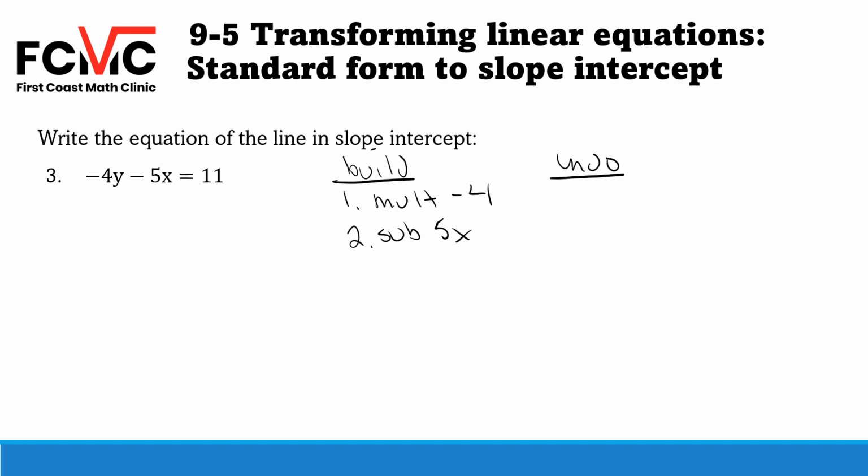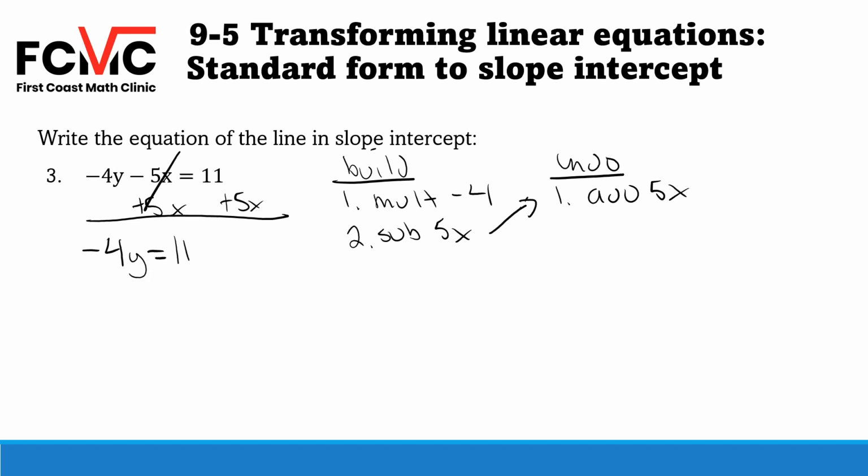For our undo, let's undo subtracting 5x. So we're going to add 5x. Let's do that first. So plus 5x and plus 5x. The 5x's cancel out. So I get negative 4y equals 11 plus 5x.